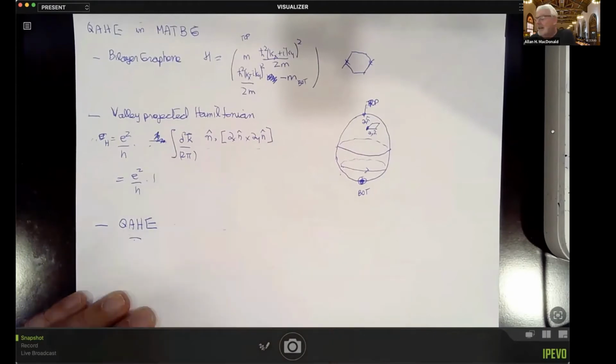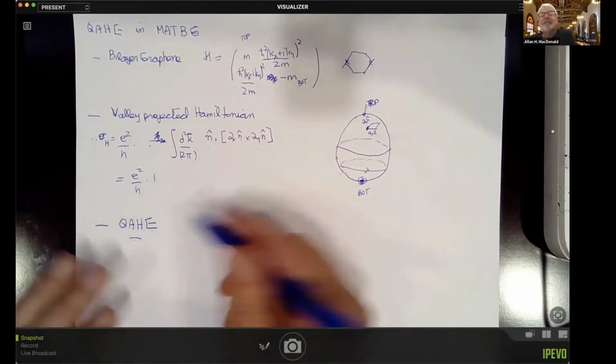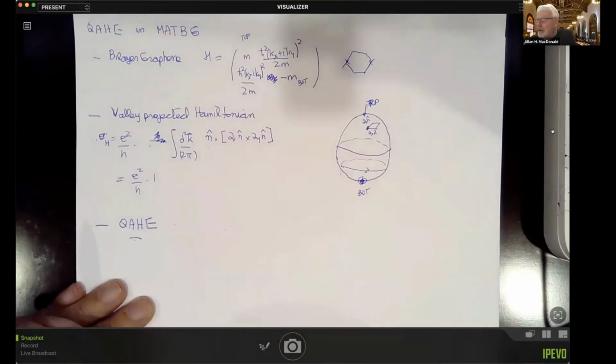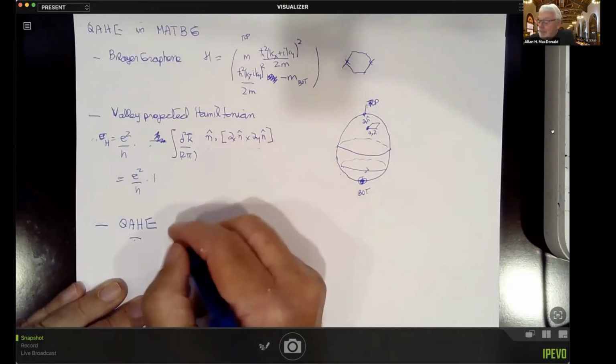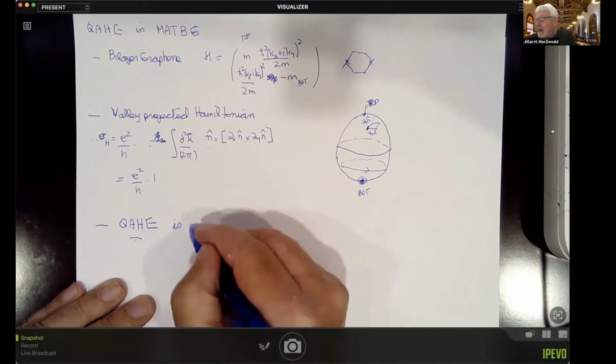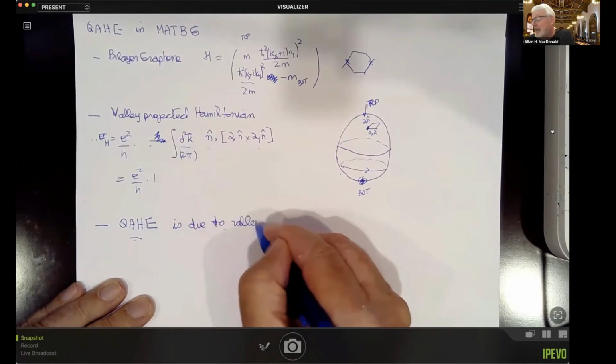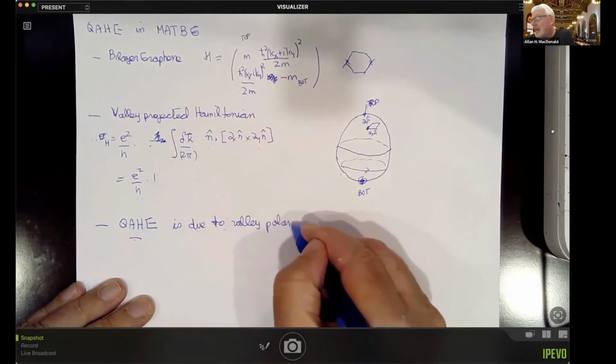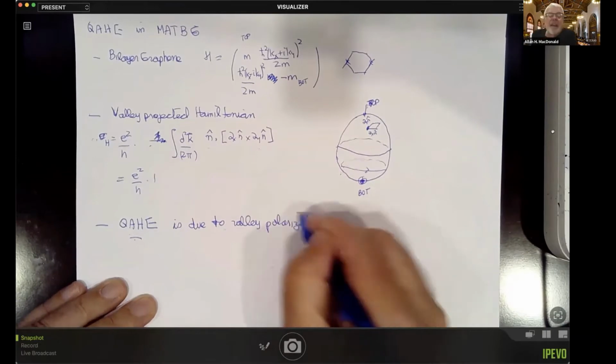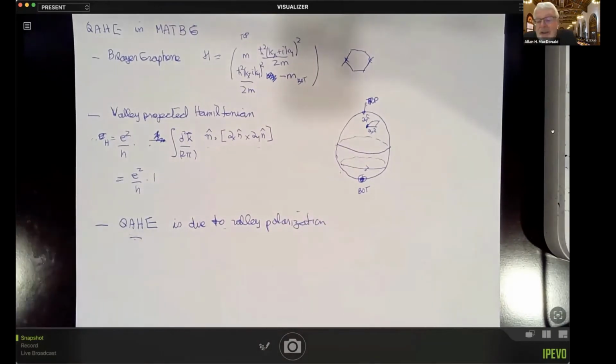So in bilayer graphene, the bands tend to have non-zero Chern numbers, and so it's very natural that if these systems have a ground state that is valley polarized, a valley ferromagnet in the language that Andrea was using, then they will have a quantum anomalous Hall effect.